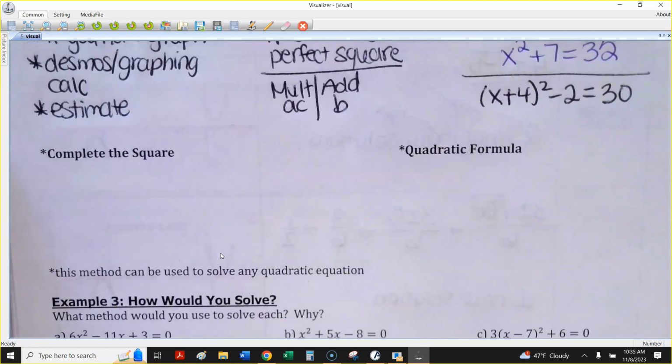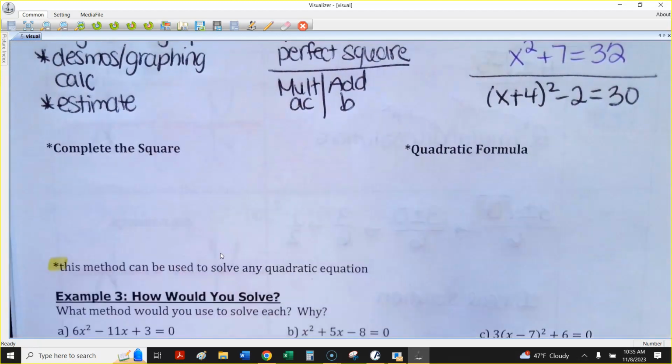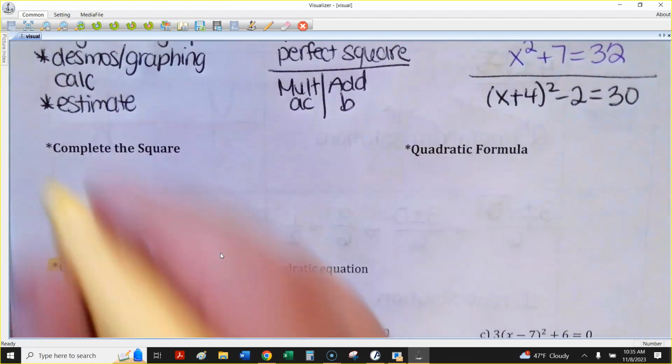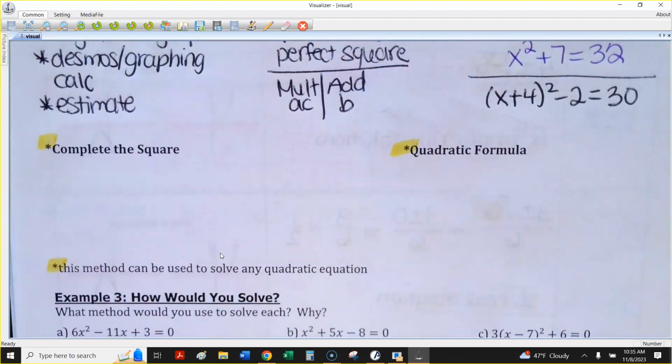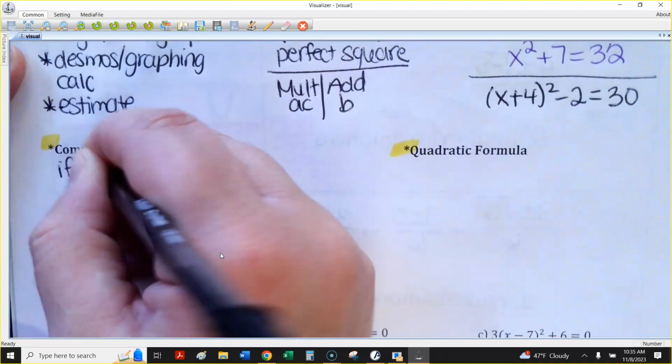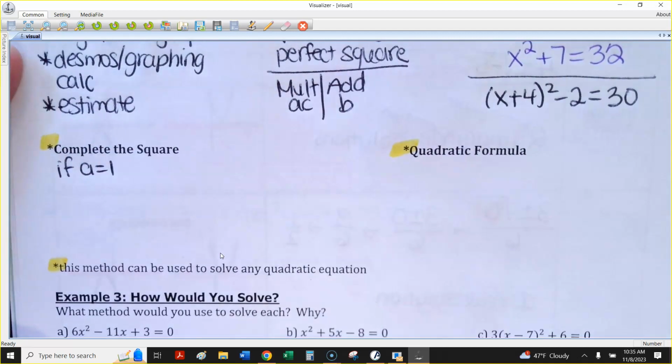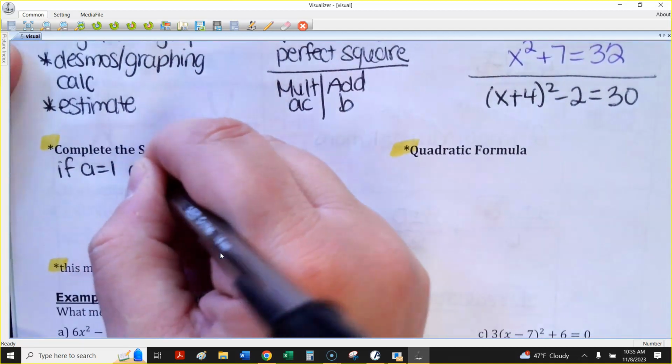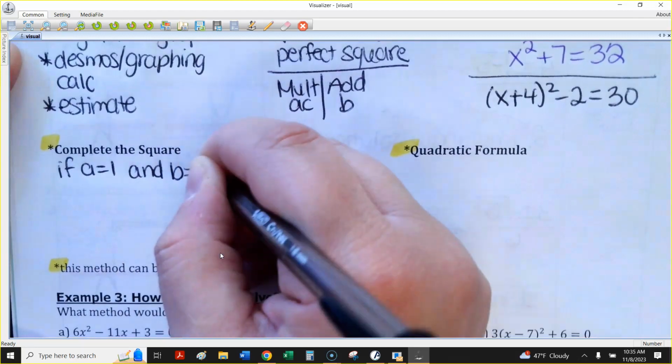Okay. Now, this says at the bottom that this method can be used technically to solve any quadratic equation. Now, I had you guys doing completing the square the other day on some problems that, if you like it, that's fine, but they deal with really nasty fractions, really easy to make a mistake. I would say if you're going to complete the square, just as a strategy, I would say if your A value is 1 and your B value is an even number.